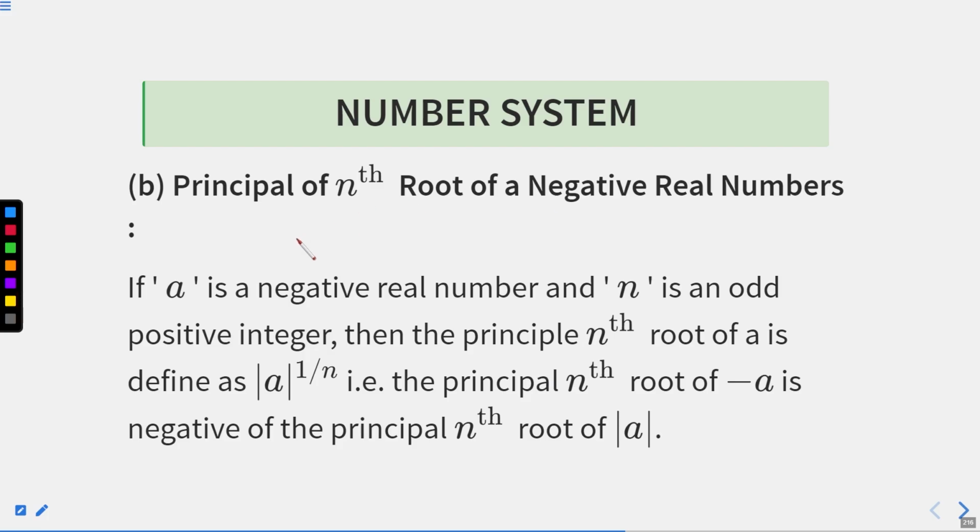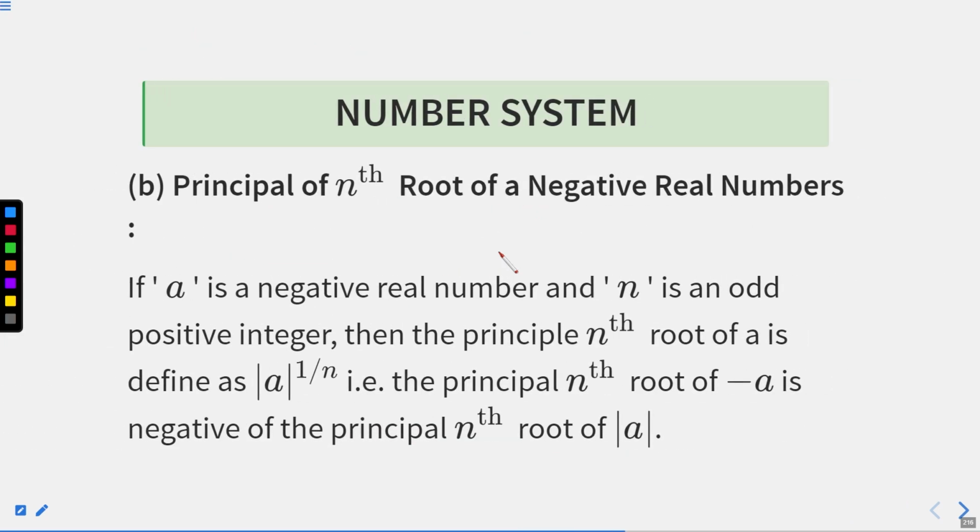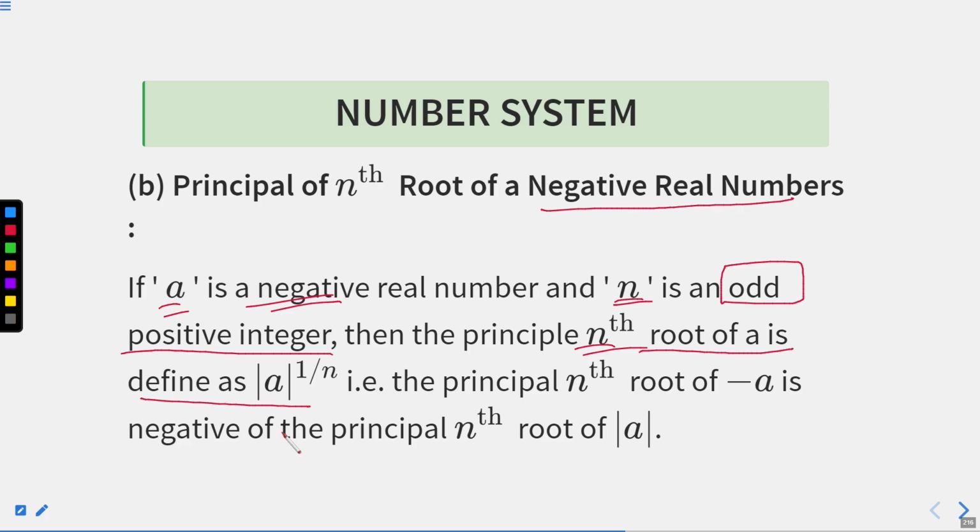Now, second, the principal nth root of negative real numbers. We talked about the positive real numbers. Now we are talking about the negative real numbers. So if A is a negative real number and n is an odd positive integer, keep this in mind, n is odd, then the nth root of A is defined as this.